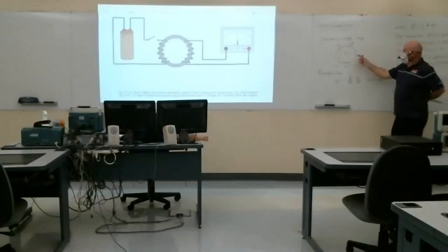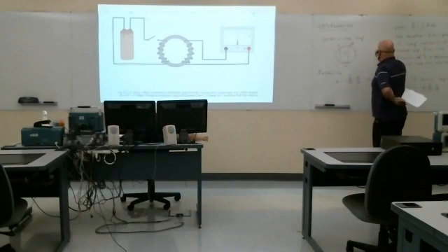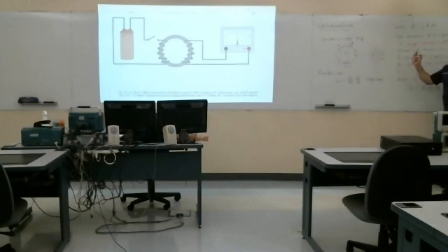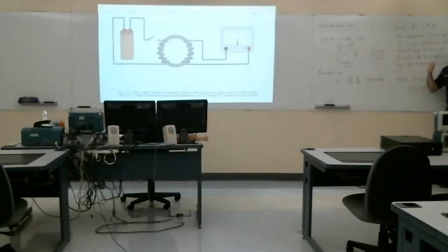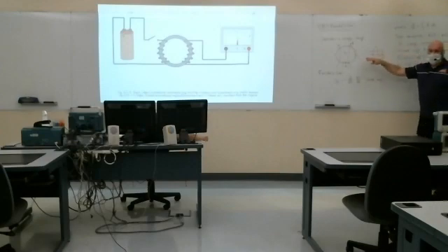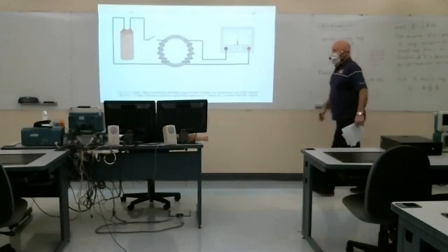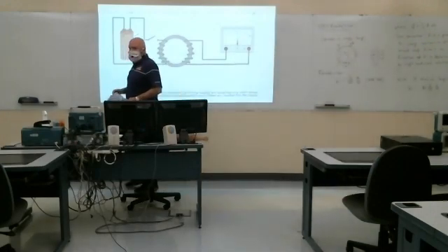So if my B field's like this, and my loop's like this, I'm capturing maximum flux. But if I just rotate this thing, spin it here at 90 degrees, then it's capturing 0 flux. So I'm not changing the cross-sectional area so much as changing the direction of my surface, the normal. And that's the basic principle of a generator.